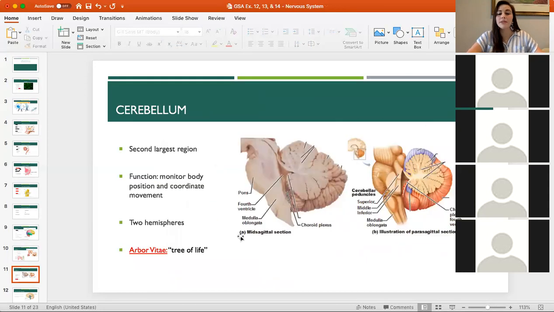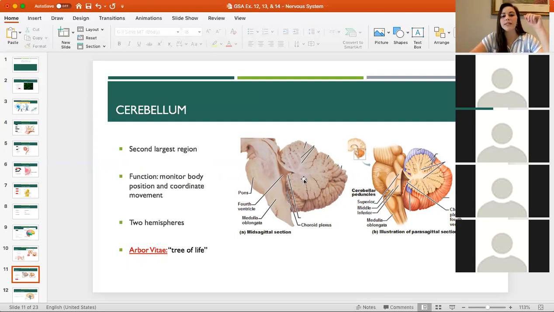Okay, so moving on to the next region of the brain. We have the cerebellum. The cerebellum is located on the posterior side of the brain, kind of inferior to the cerebrum and kind of on the brainstem and the spinal cord, okay? It is also divided into two different hemispheres, left and right.